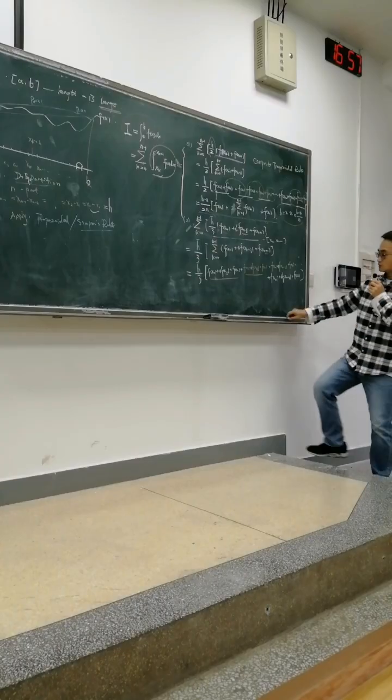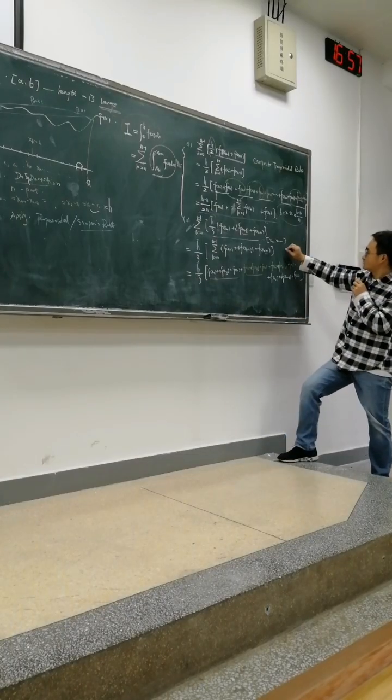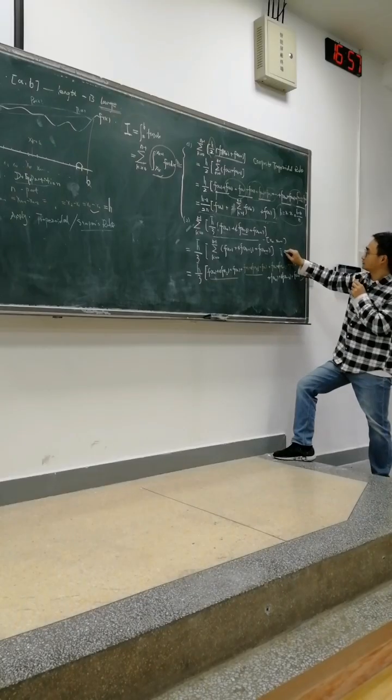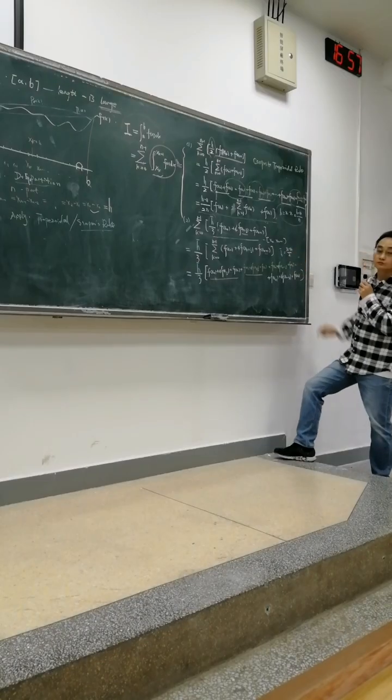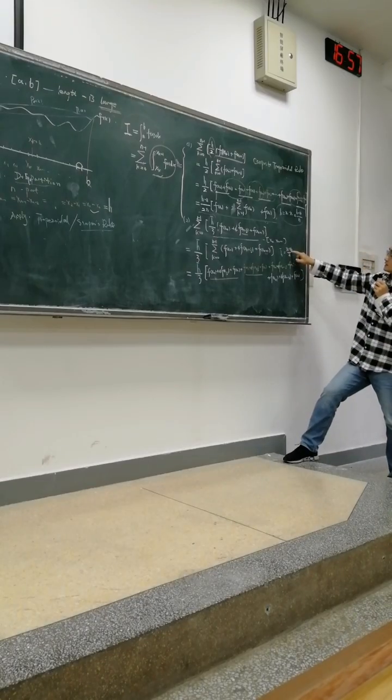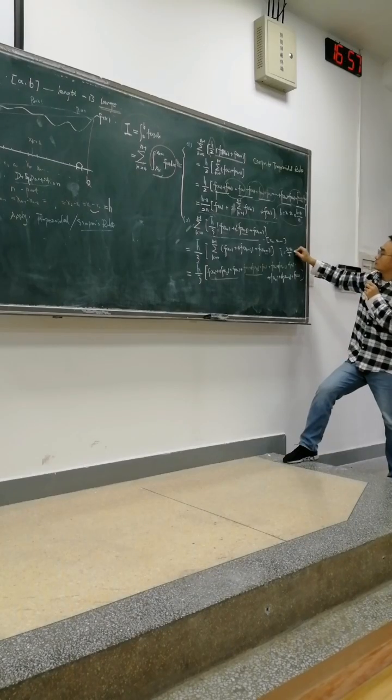And we also notice that h bar should be x1 minus x0 over 2. And this x1 minus x0 is equal to this one, right?